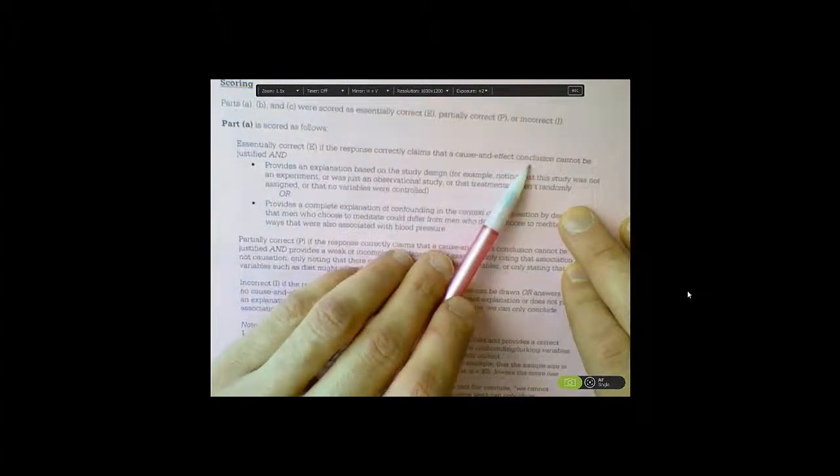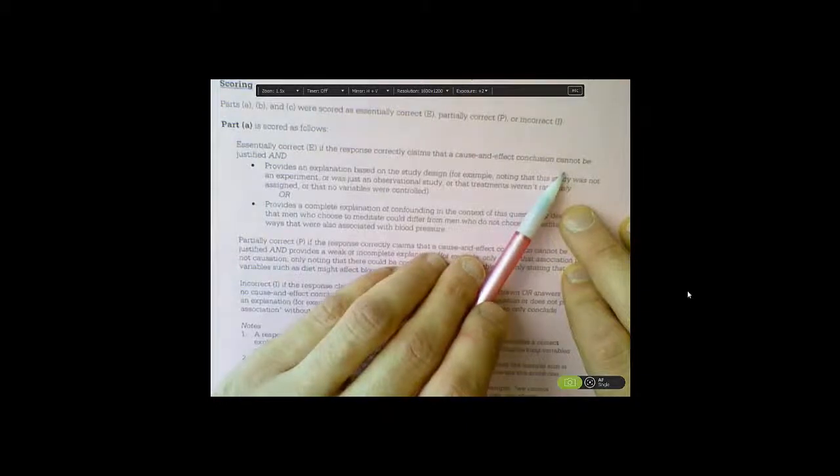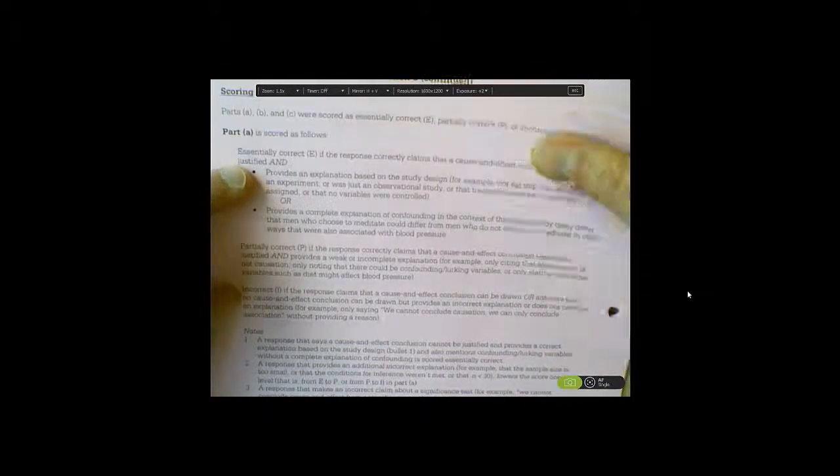So you need to say that a cause and effect conclusion cannot be justified and provide one of these two explanations: that it wasn't an experiment because there were no treatments imposed, or talk about how the people who meditated could differ from people who didn't on some other factor associated with blood pressure. So I hit this first bullet here and said no, I could not make a cause and effect conclusion, so this would earn me essentially correct.